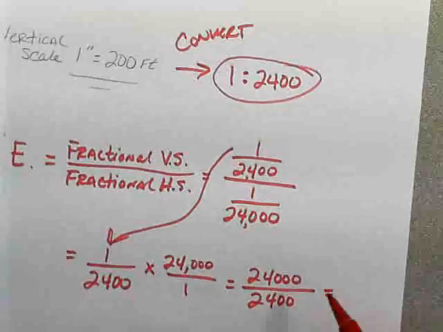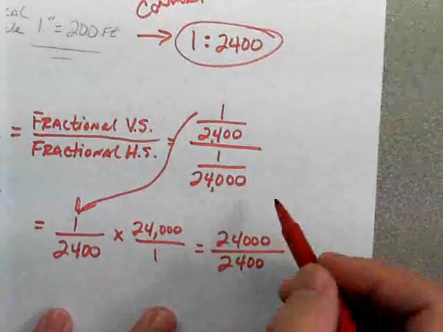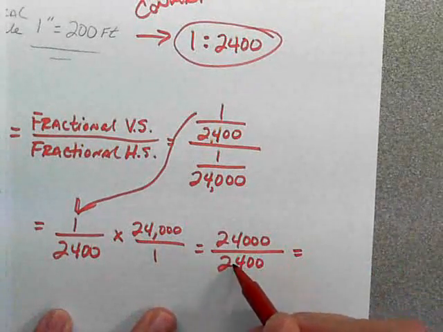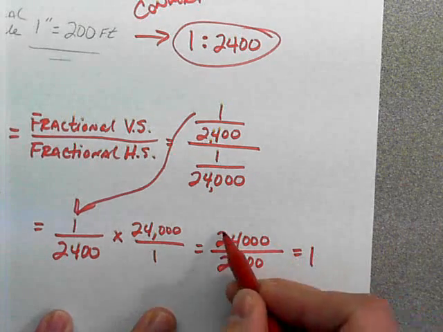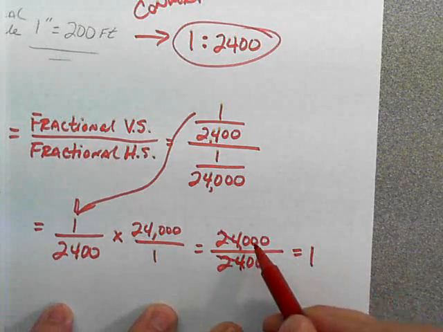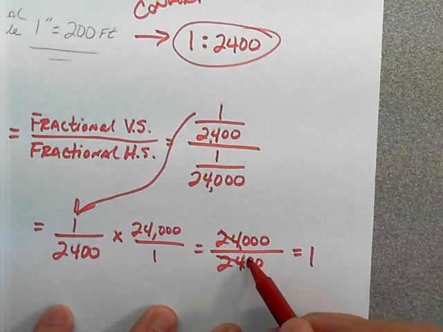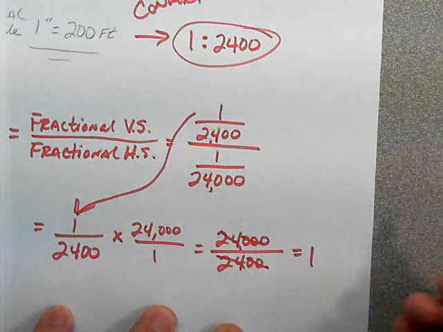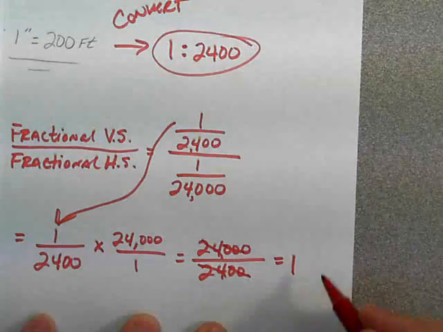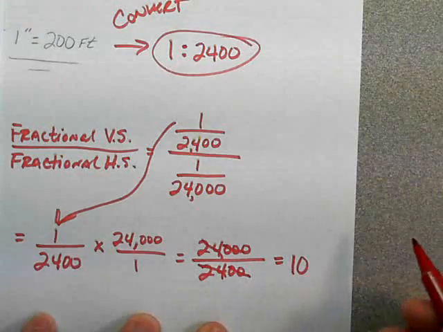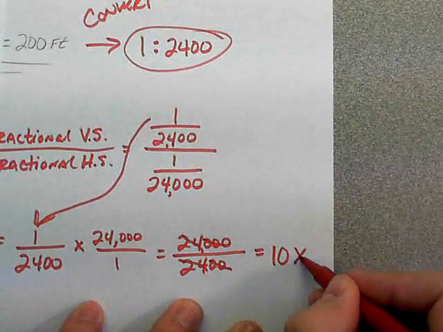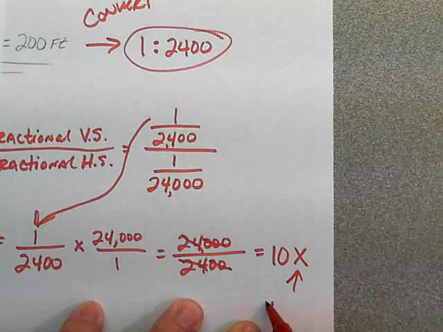You can do this on a calculator or in your head, but we know that 24 goes into 24 once. Then we want to get rid of 2 zeros down here and 2 up here. What that leaves us with is 1 0, so we keep that, and then we need to put an X here because this is times normal.